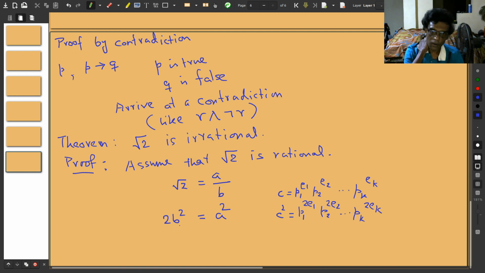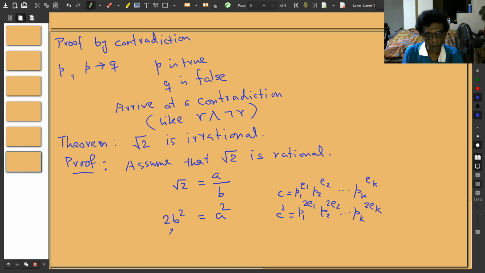While it is well known, this is called the fundamental theorem of arithmetic, the factorization of every number is unique. Therefore, this case cannot happen. We cannot have a number which is equal to this or this having both an even number of prime divisors and an odd number of prime divisors. It is not possible. So it's a situation like this, contradiction.